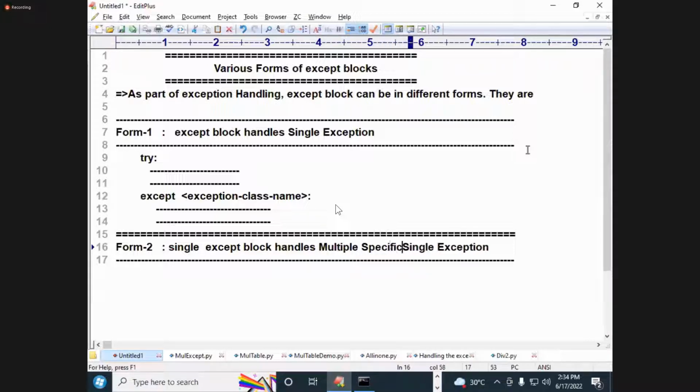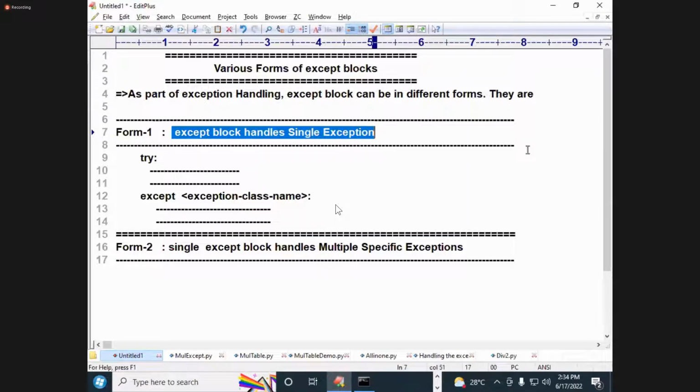Multiple specific exceptions. The except block handling a single exception is the standard notation.